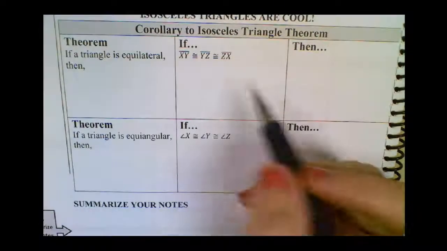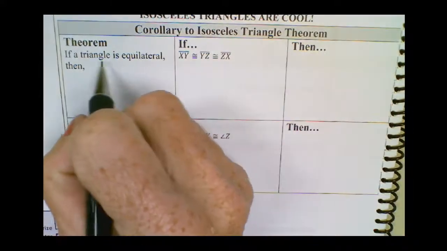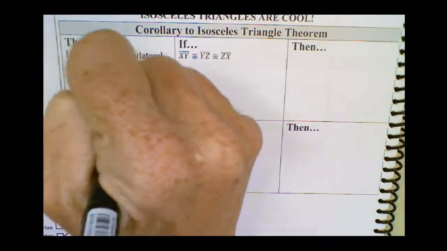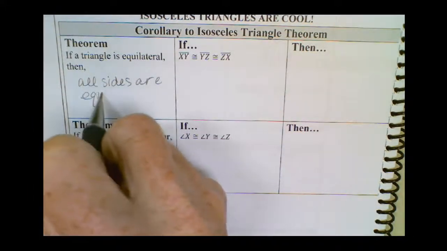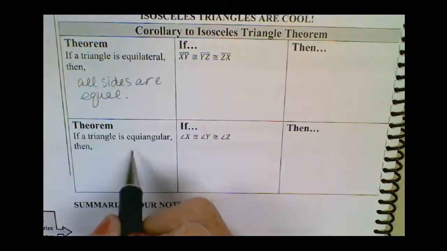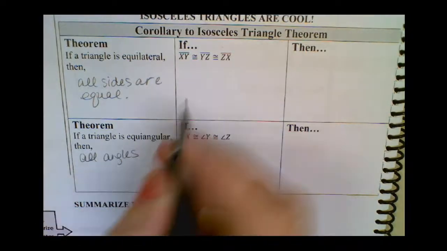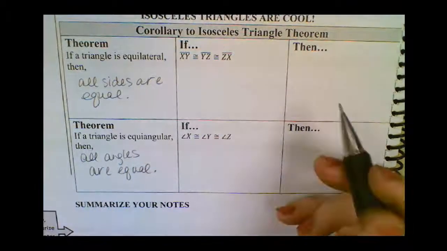Okay, so this should be common sense, should make sense. So if a triangle is equilateral, then all sides are equal, right? And if a triangle is equiangular, then all angles are equal. But by definition, one can't happen without the other.